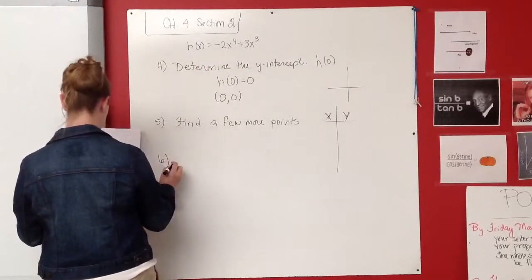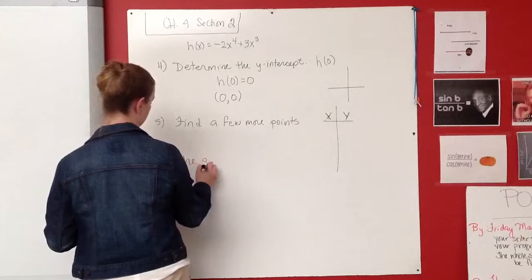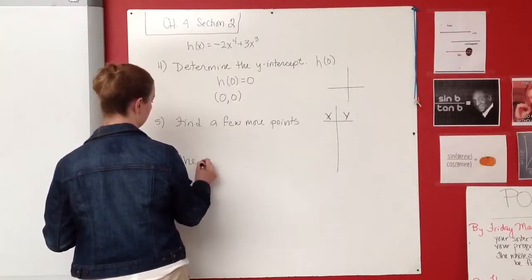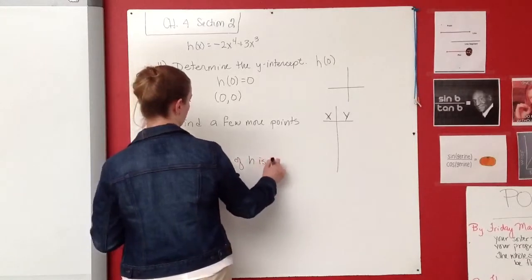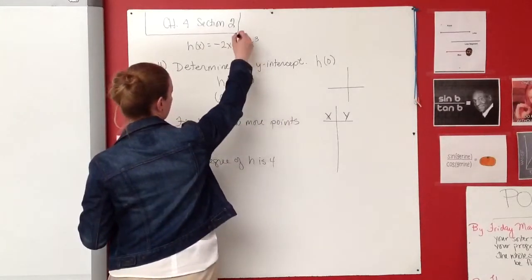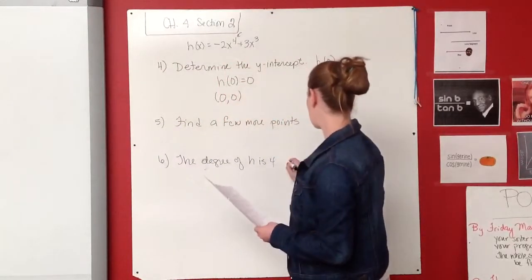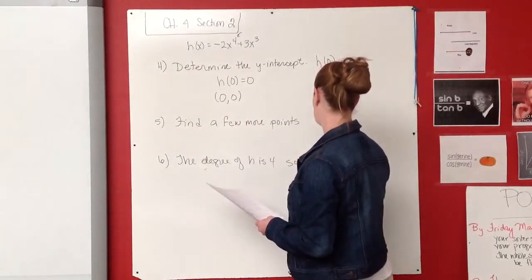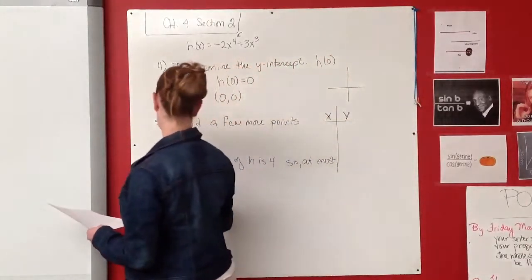And then the last step is to note that the degree of h is 4. Maybe I can spell degree. You look at the leading term here, it's a 4th degree polynomial. So what we know is at most, h can have 4 x-intercepts.